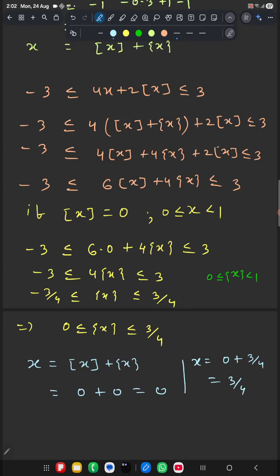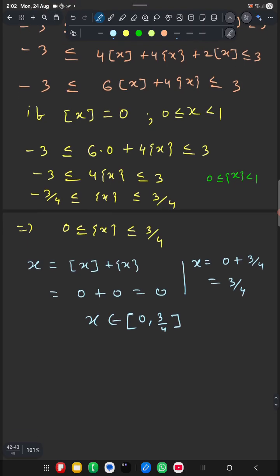And it is an equality sign because it is less than or equal to 3/4. So in this way x belongs to the closed interval [0, 3/4]. Clear? This is one point.